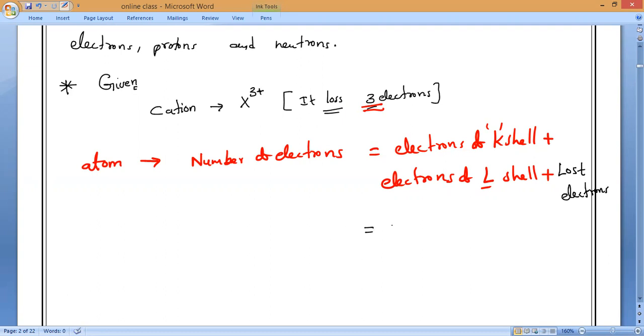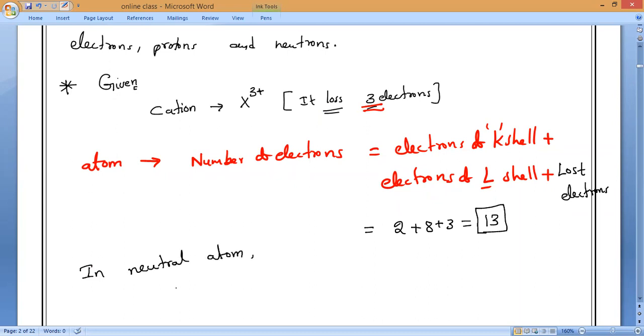So totally, it is 2 plus 8 plus 3. How much, guys? 13.